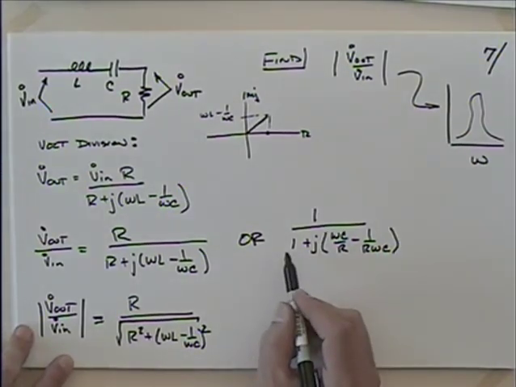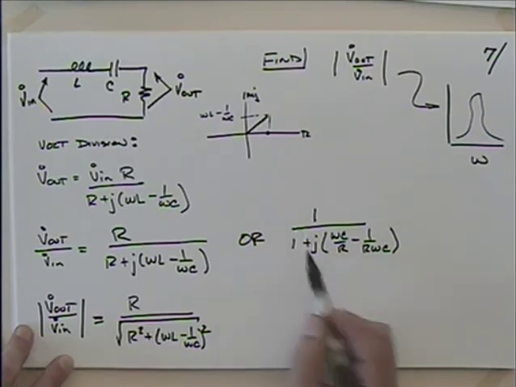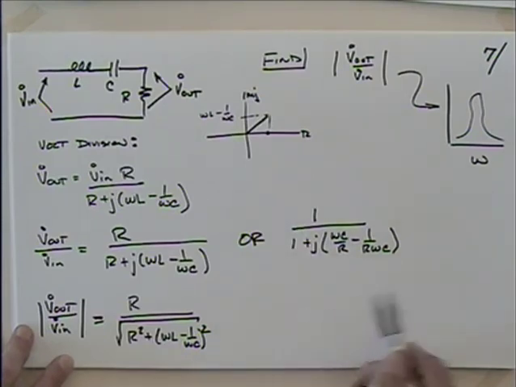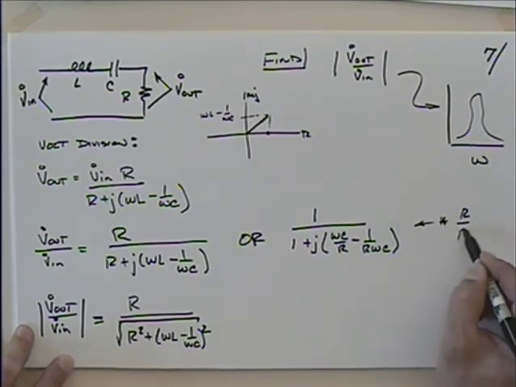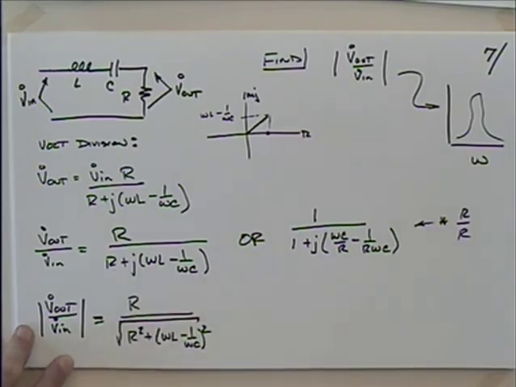Yeah. Multiply both terms in the denominator by R, multiply both sides in the numerator by R. So if you take this thing and you multiply it by R over R, you get exactly what we started with.